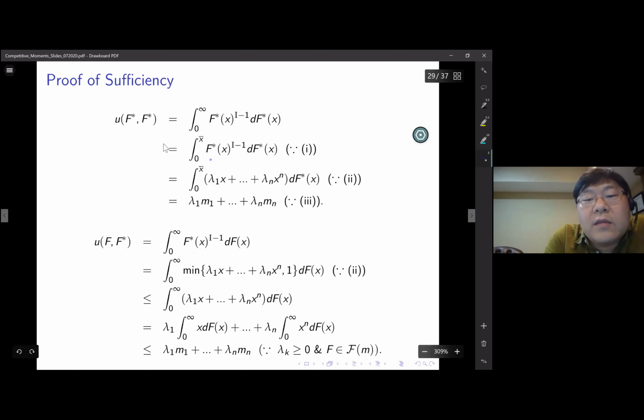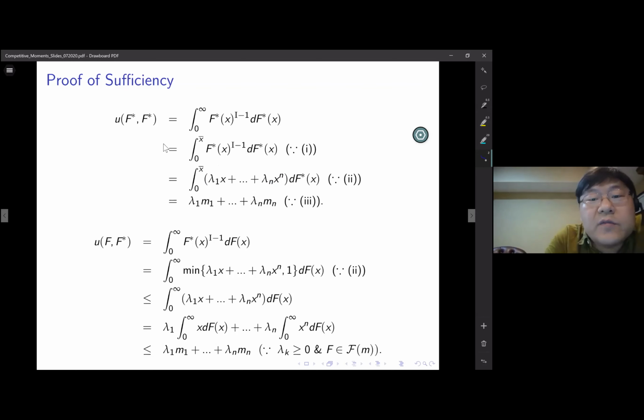Now, this F star to the I minus 1 can be represented as a polynomial function. Over the support, it is exactly the same as this polynomial function, so I can replace F star to the I minus 1 with this polynomial function over this support. I use the second property. And the final equality is just complementary slackness.